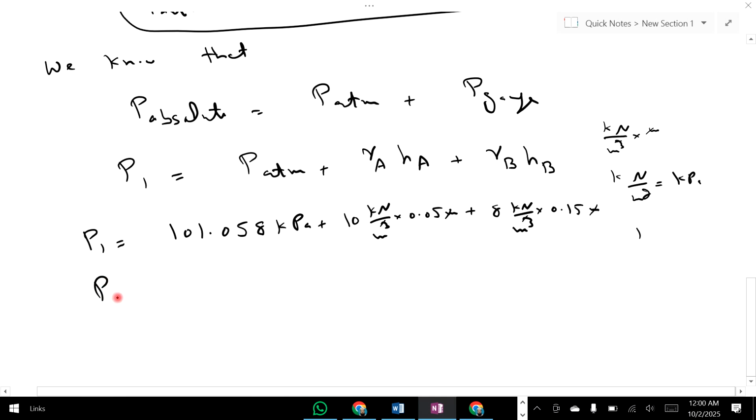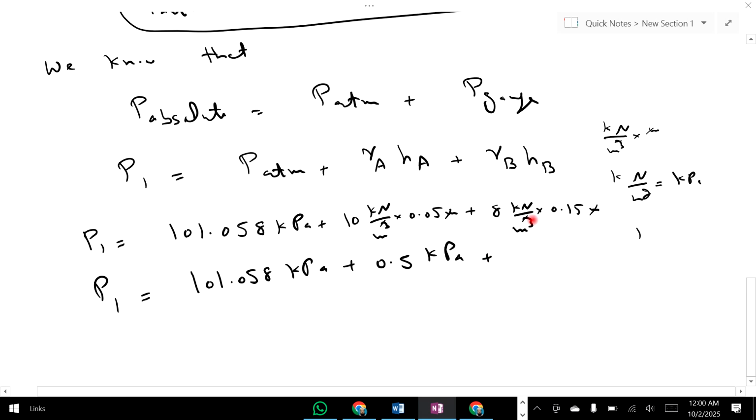So P1 absolute pressure is equal to 101.058 kilopascal plus 10 multiplied by 0.05, which is 0.5 kilopascal. Kilo Newton per square meter is equal to kilopascal.